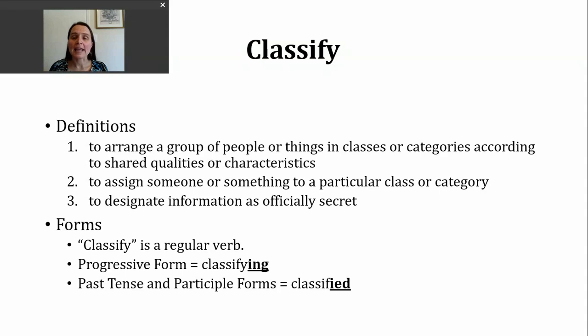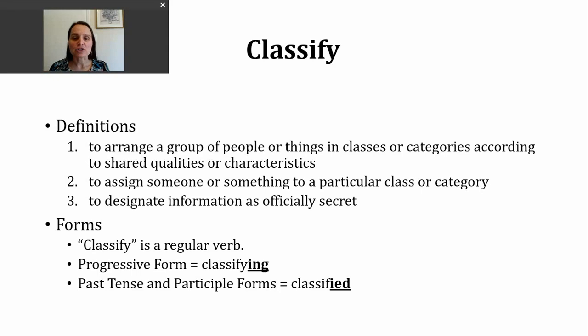A third way you might hear the verb classify used is to mean to designate information as being officially secret. And this particular definition might seem odd or kind of strange compared to the other two, but we could sort of think of this third definition as relating to the others in that we are taking information and putting it in a special group, and that group is secret.